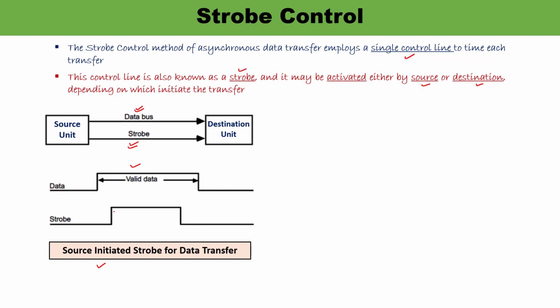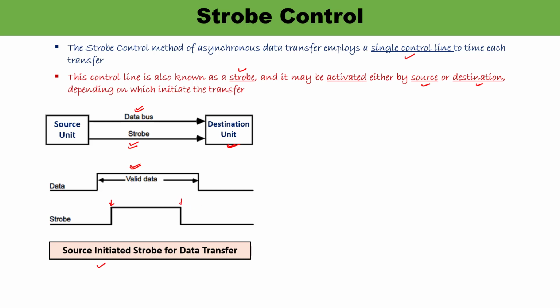You can see here the strobe is initiated after a certain delay. It means the information on the data bus is valid data, and the strobe control signal remains active for a sufficient time, during which the destination unit will receive the data.